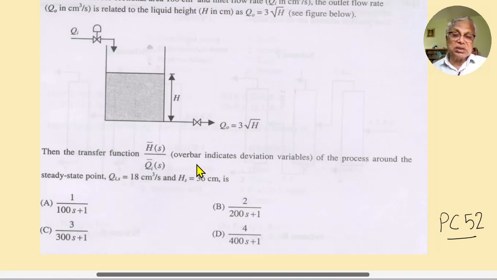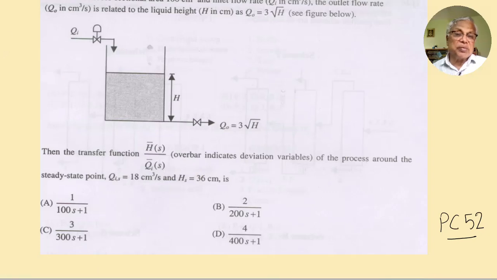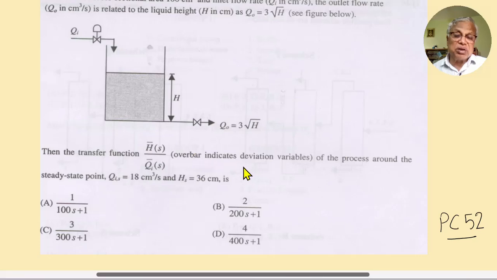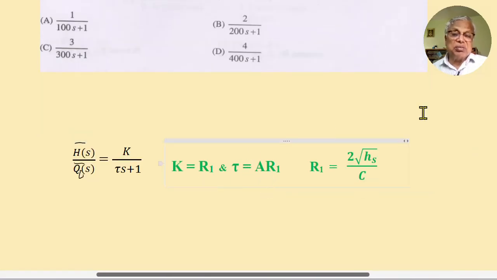Deviation variables are denoted by the overbar. So there will be a difference of notations. So we found that as K by tau S plus 1, where K is equal to R1, tau equals A R1, and R1 equals 2 into root of HS by C, right?